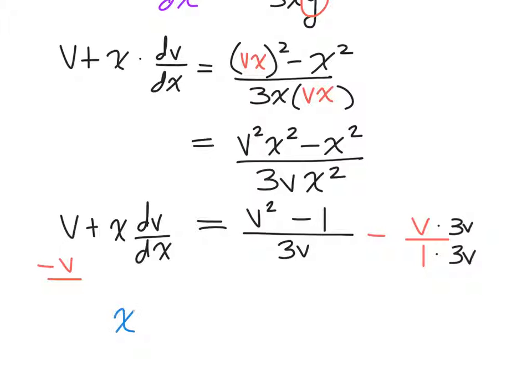So we're looking at x dv dx. It's not very pretty, but this is 3v squared, so v squared minus 3v squared, so negative 2v squared, minus 1 over 3v.